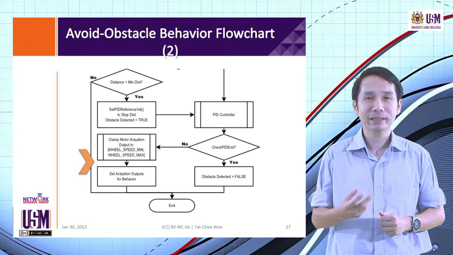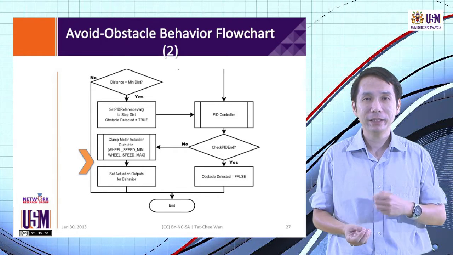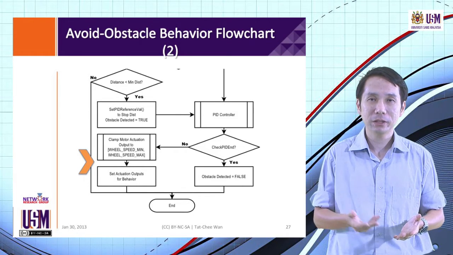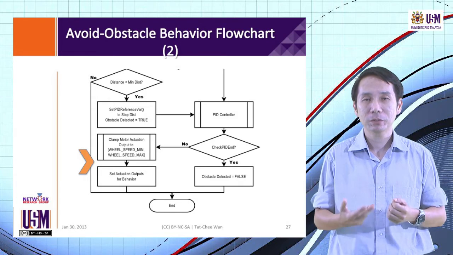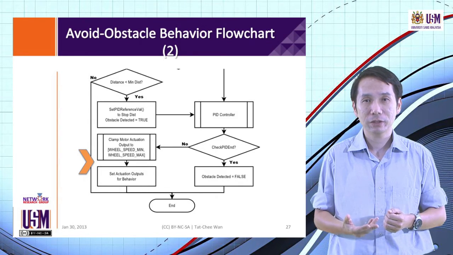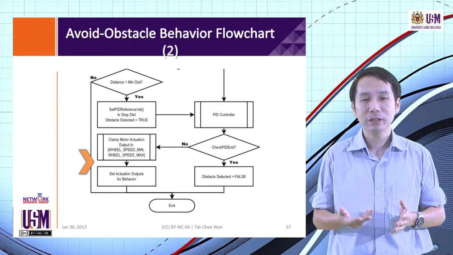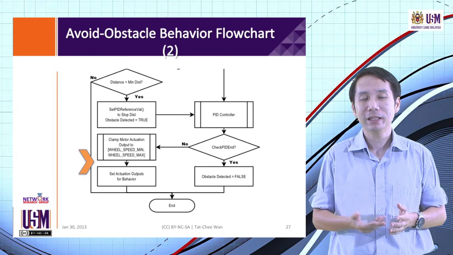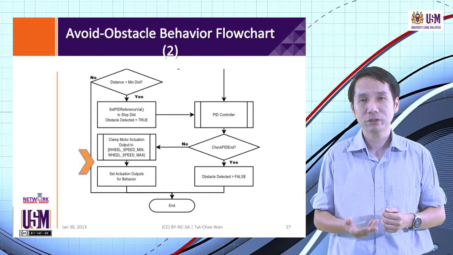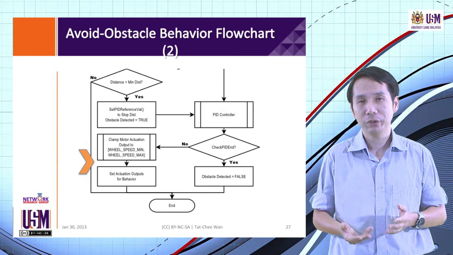If the target distance has not been reached yet, we will then need to send the output value to the motor actuator for programming the output controller outputs. And this output value is clamped to the speed min and speed max for the wheels in order to make sure that we do not exceed the operating range of the wheels.